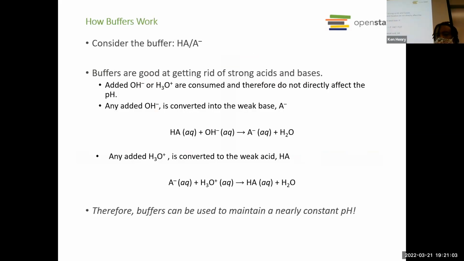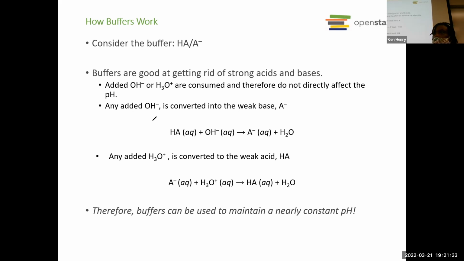So how does a buffer work? A buffer has to be good enough to get rid of strong acids and strong bases. So adding hydroxide ion or adding hydronium ion, they're basically going to be consumed, and therefore they're not going to have an effect on the pH. Your buffer solution should interact with those to keep them from affecting the solution.